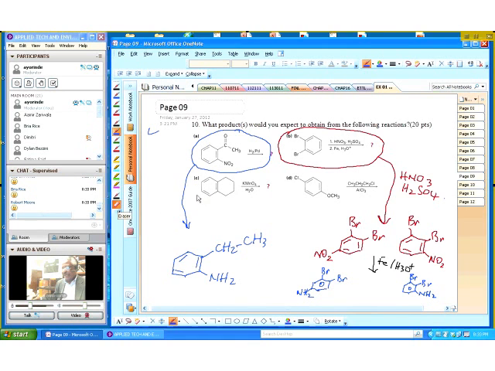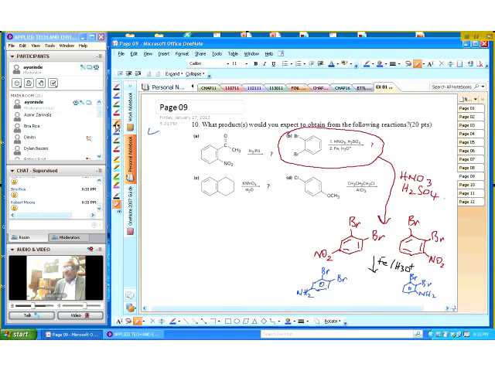Let me remove the clutter here. Okay, let us do this. Okay, what do we expect to get here? Oxidation. Okay, oxidation. Very good. Okay, what are we going to get with this oxidation?